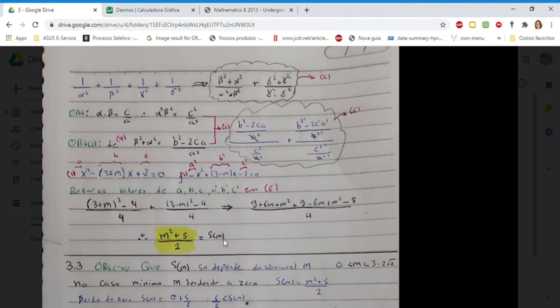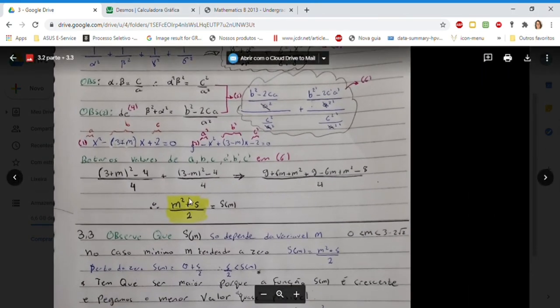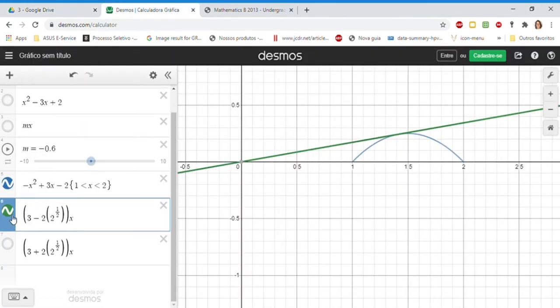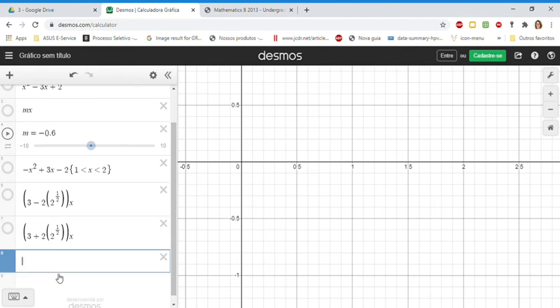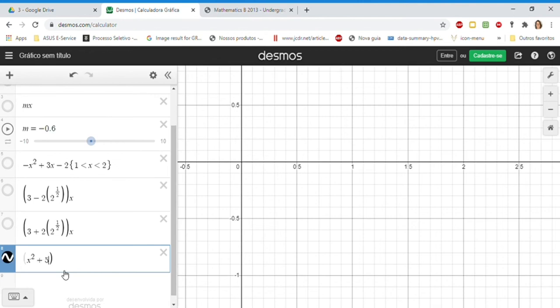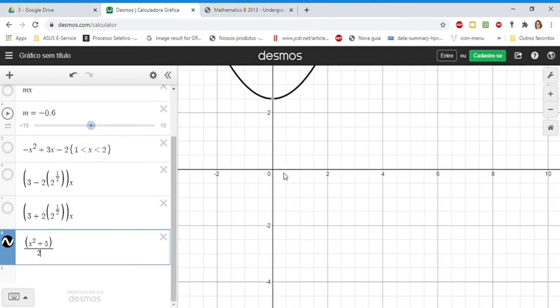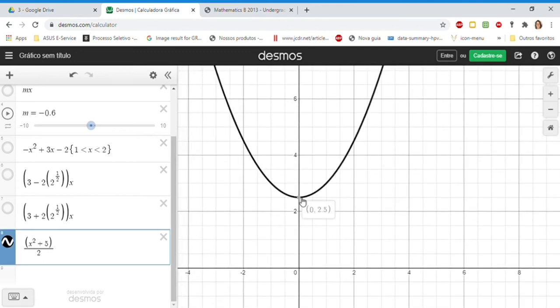So this is S of m. Okay, so m squared plus 5 divided by 2. One second. I'm just going to call m as x, just so that I can graph it, but it's m. Okay, divided by 2 over here.